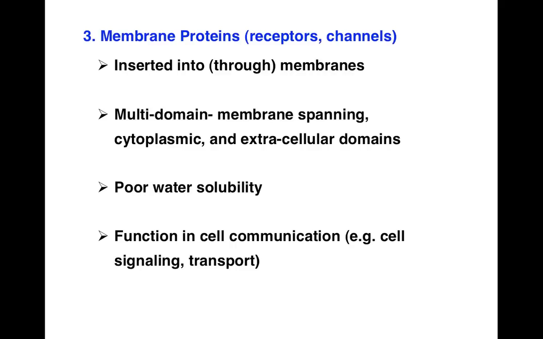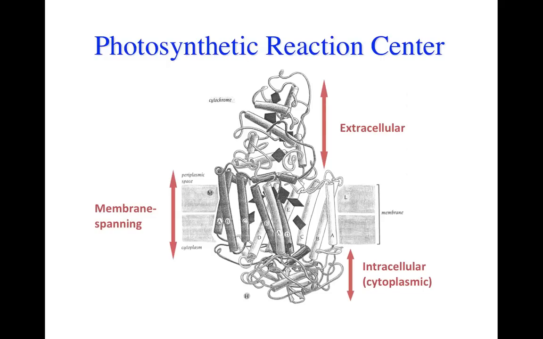They have poor water solubility, and they function in cell communication, for example, cell signaling and transport. So this is just an example of a membrane protein, the photosynthetic reaction center. You see, it's a huge protein, and part of the protein spans the lipid bilayer, while some of it is extracellular, while other parts are intracellular. So it's a big protein.